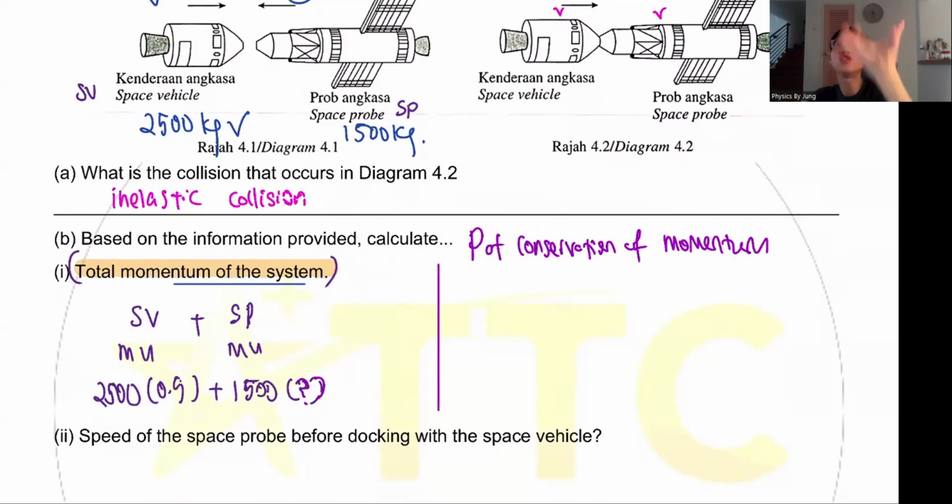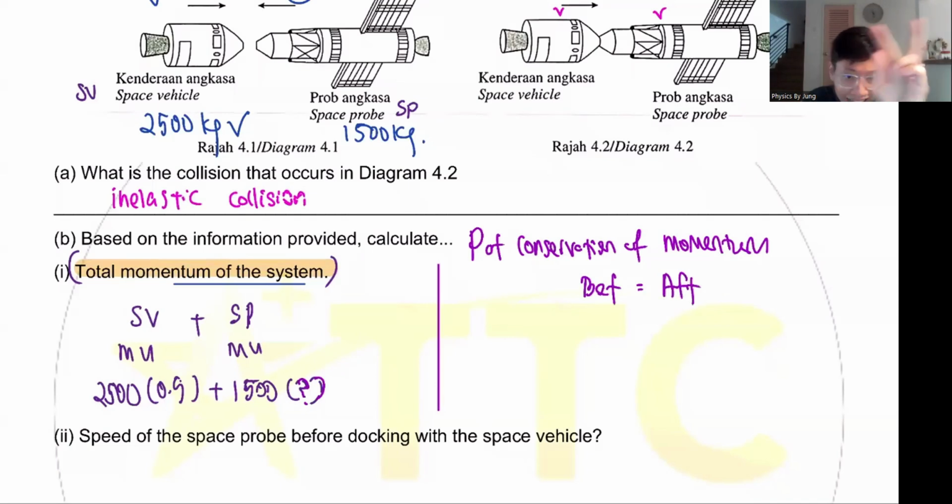This is where you need to use theory to support. Yes, very good. It means that your before momentum and your after momentum are the same, right?